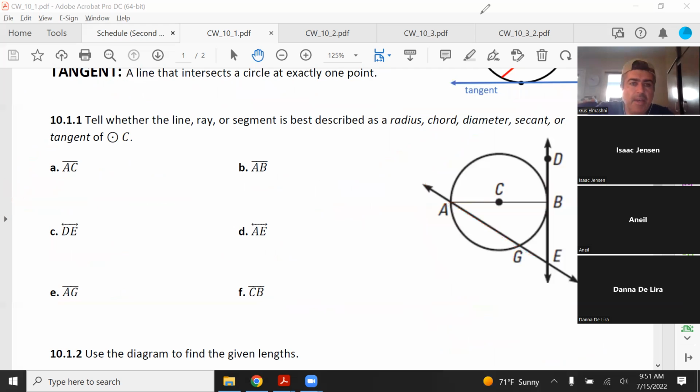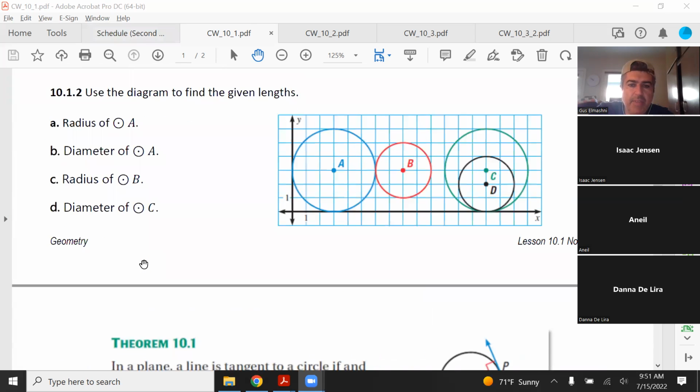We shall keep moving. Use a diagram to find the given lengths. Okay, not that hard. I'm going to use maybe pink here so it stands out a little bit. Radius of circle A clearly is 3. Diameter will be double.